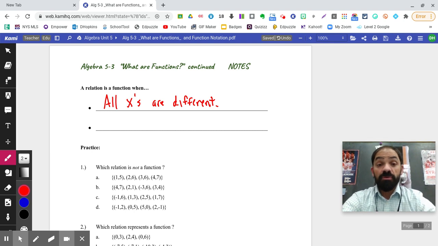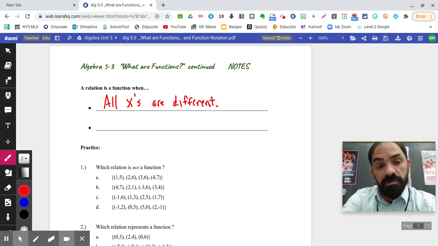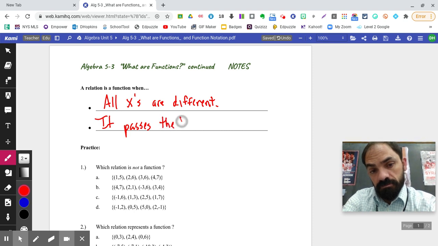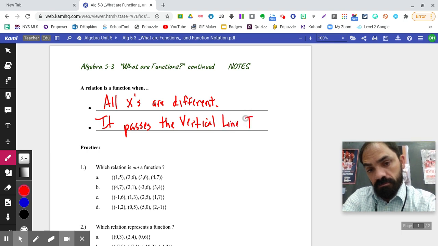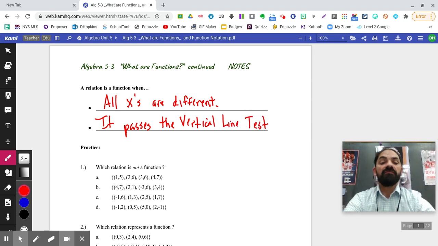And also, if it's a graph, if you plot your points, it passes the vertical line test. That's where you draw a vertical line, and if it only ever hits it in one spot, then it's a function.